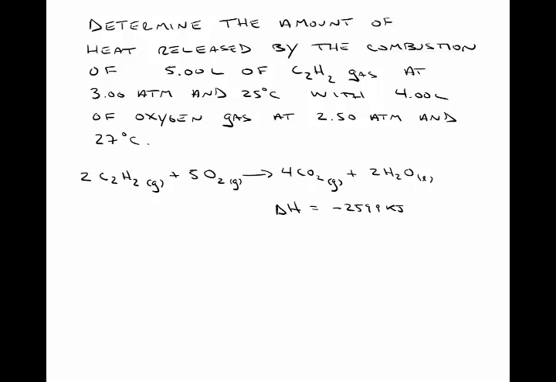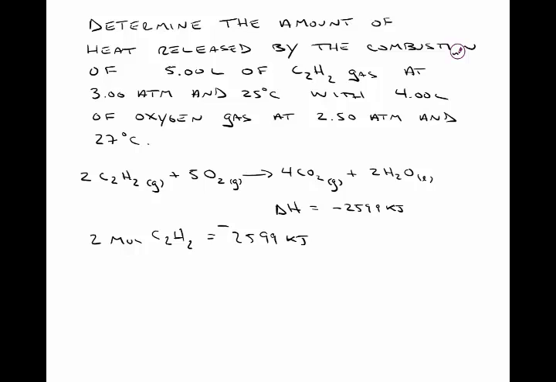Before we even start solving for the number of moles, I want to generate the thermochemical relationship between the stoichiometry of our two reactants and delta H. So let's take a look at the coefficient in front of acetylene. It tells us for every 2 moles of acetylene, I will produce 2,599 kilojoules of heat.